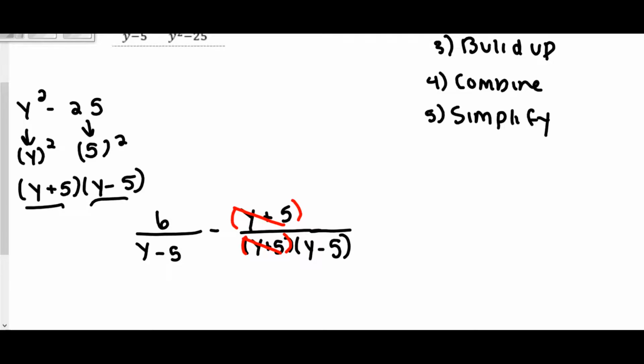It's totally allowed. And you'd be left with 1 over y minus 5, which would give you an answer of 5 over y minus 5. You could do it like that. You could skip all the LCD and building up and stuff. However, I'm going to show you all the steps just because. But if you saw that, you are more than welcome to use that method.